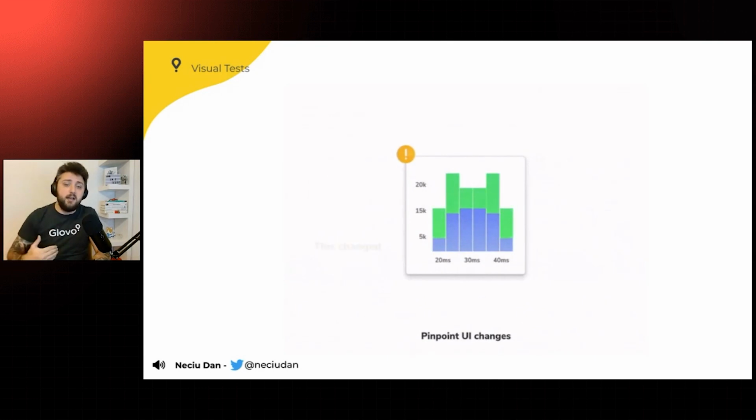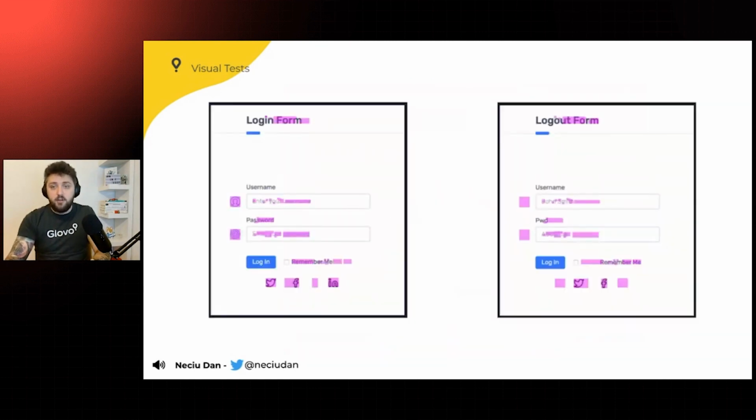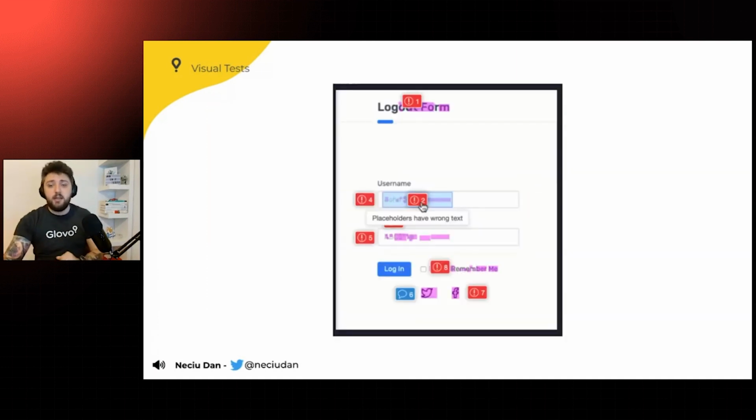So it needs a little bit of human interaction to verify the changes, but it's very good for catching changes that you make. For example, here, it's going to tell you that some placeholder is missing, some icons are missing. Obviously, these are not intentional, but it's going to tell you and pause the pipeline before you make a decision. And it's going to show you what changed if you hover over it.